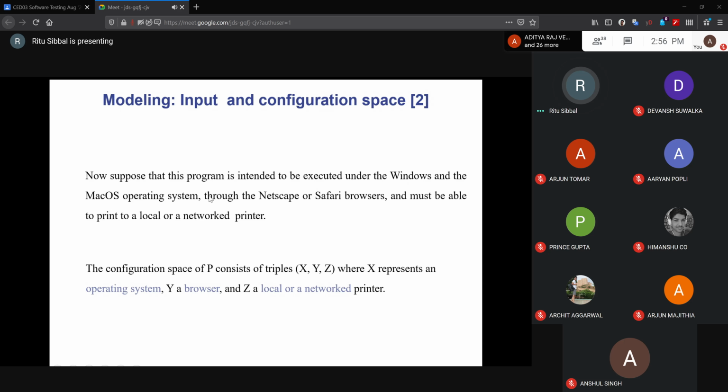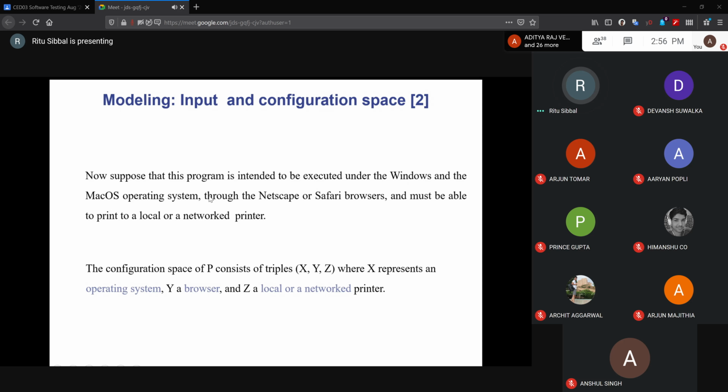Now, I was just saying that we have a program which is taking n inputs corresponding to variables x1, x2, and so on. These variables are known as factors, and we also call the inputs values. Suppose we have a factor which may take a set of values, i from 1 to n.